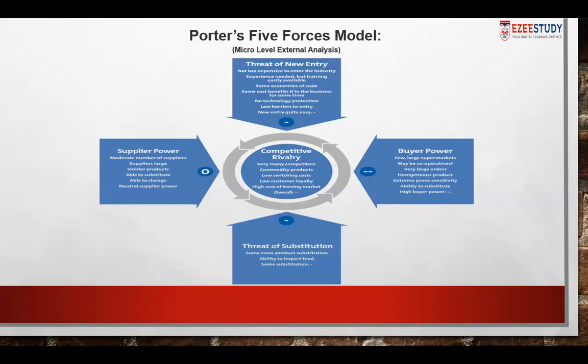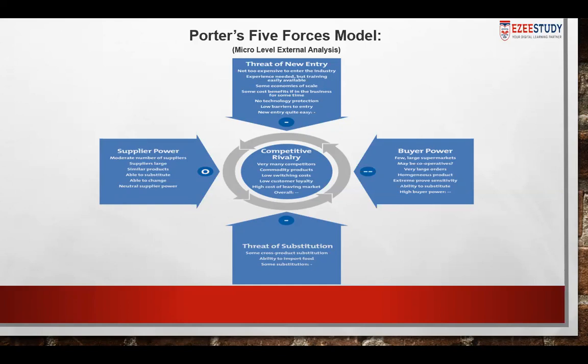Well, what is this model all about? According to this model, there are 5 basic forces that shape any organization's strategy. Or you can say there are 5 factors which must be considered before a particular strategy can be formulated for any organization.